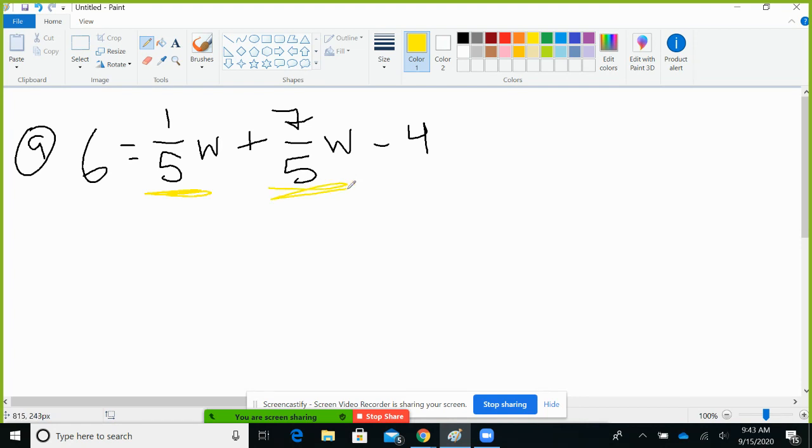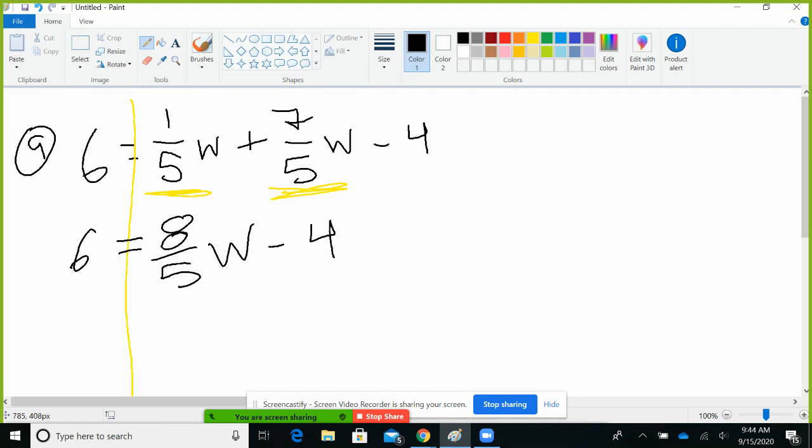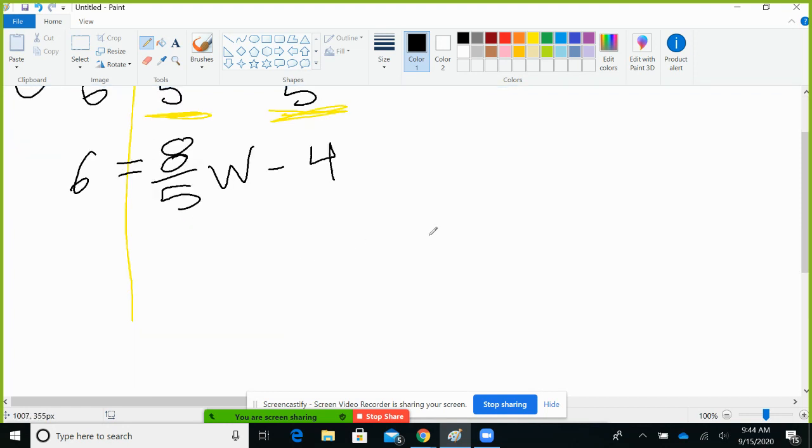Combine our like terms. The nice thing is our like terms have common denominators. So with the common denominators, that makes it a little bit easier. Actually, it makes it a lot easier. So we have 6 equals 1/5 W plus 7/5 W is simply 8/5 W minus 4. All right, what's your next step?